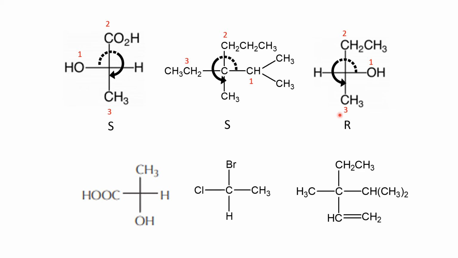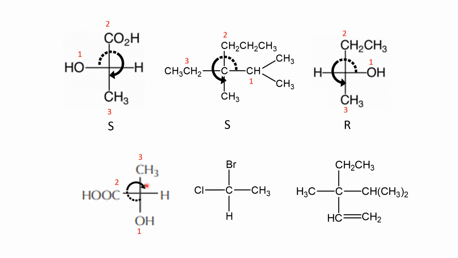get R. Coming to this example, as you can quickly observe, it is an isomer of this compound. So the sequence rule you already know. We are going from hydroxyl to carboxy and then methyl.